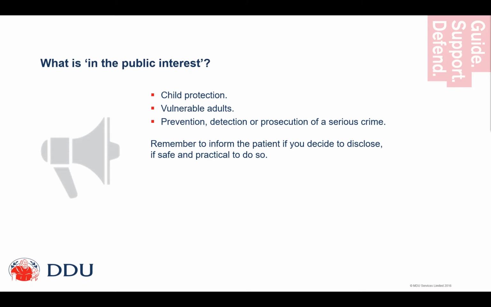Even in circumstances where you're obliged to share information for public interest purposes, consent from the patient should always be sought first. However, if you consider seeking consent for the information would endanger the individual or society, then it may not be necessary to do so.